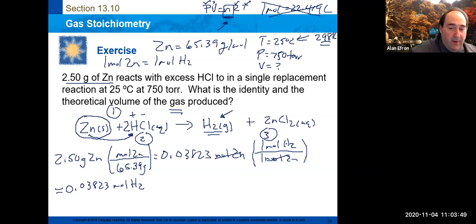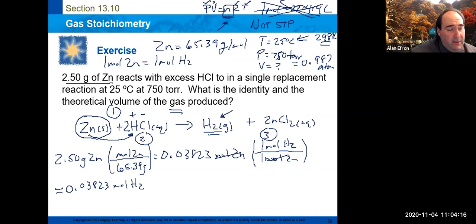And also our pressure here is 750 torr. If we convert that to atmospheres, 750 divided by 760 gives us something like 0.987 atmospheres. Also not 1 atmosphere. So we are not at STP in this problem, which means we cannot use that conversion.